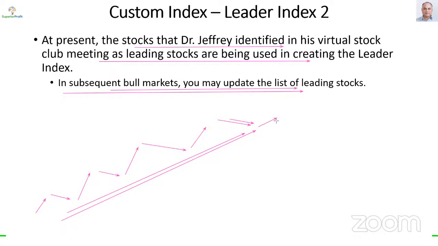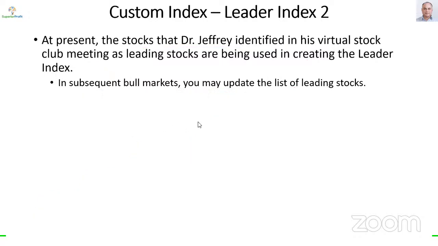If you are conversant with IBD or CAN-SLIM style, they may already be in base 3 or base 4, maybe base 5, in late stage bases. They are not entry signals. The usefulness is the breakdown of the leader index, not to time the entry in growth stocks, but to know when to pause or stop buying growth stocks.